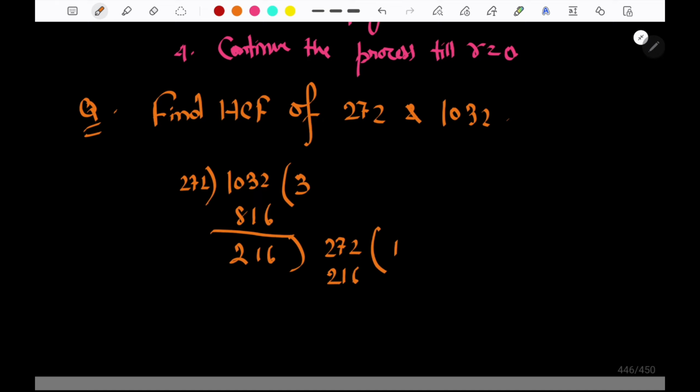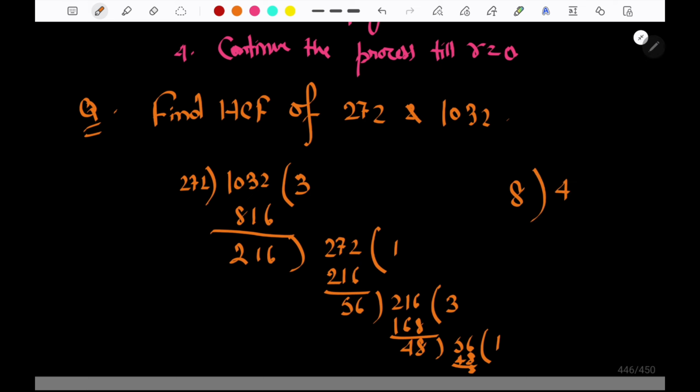It will be 1 and again the remainder will be 56. So 56 divided into 216 will be 3, that is 168, and the remainder will be 48. Then 48 divided by 56 gives remainder 8. The last stage is 8 dividing 48.